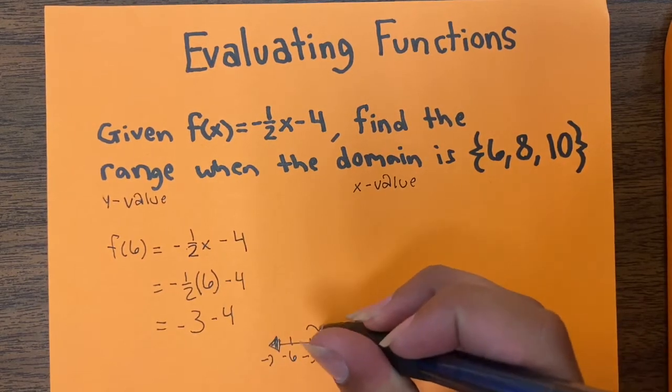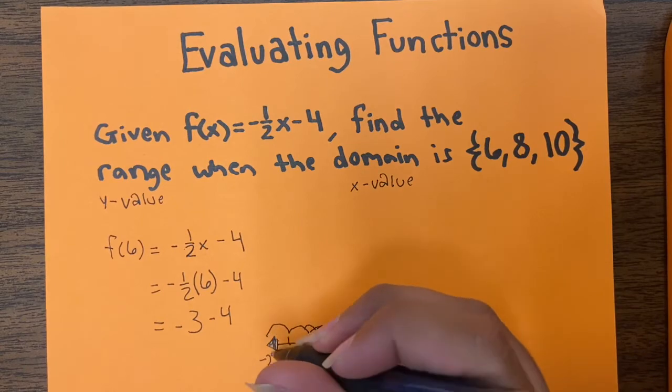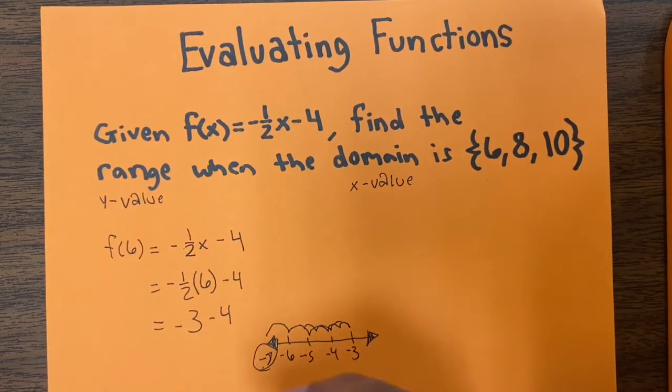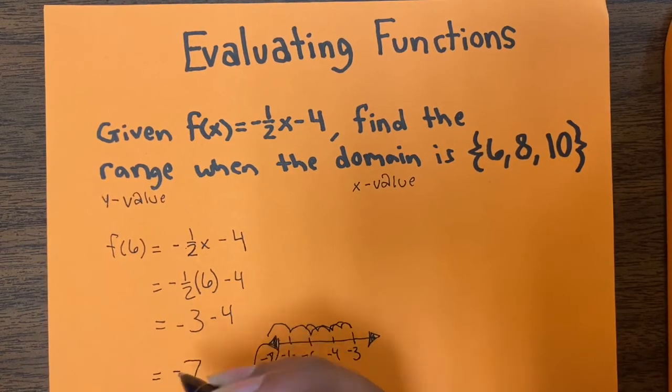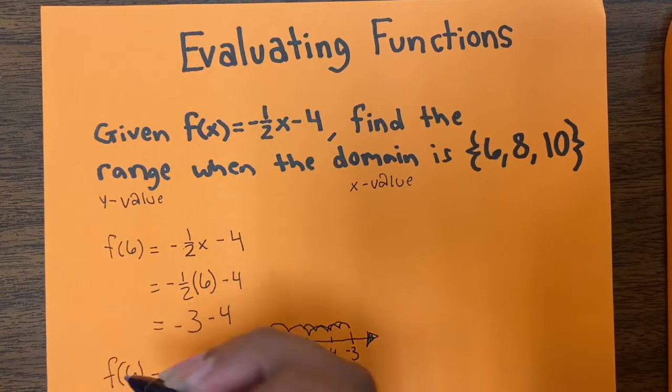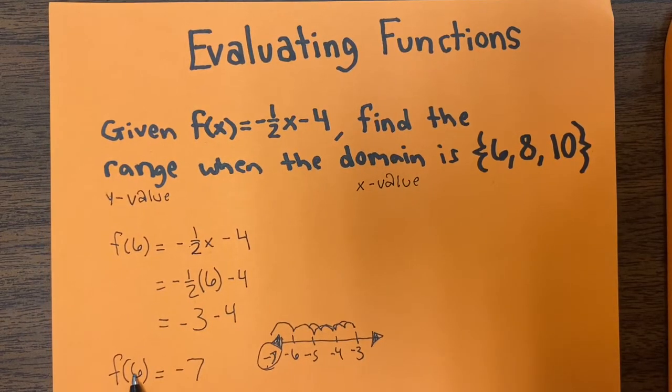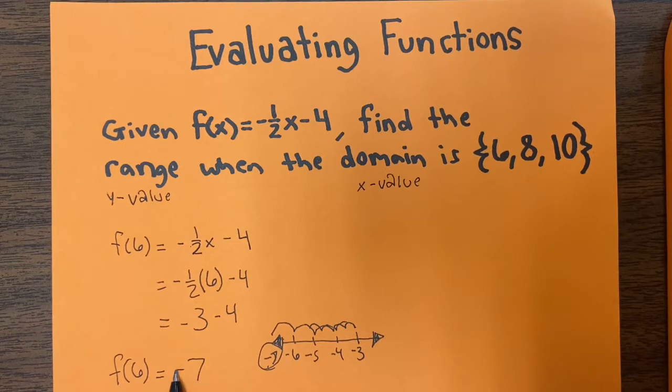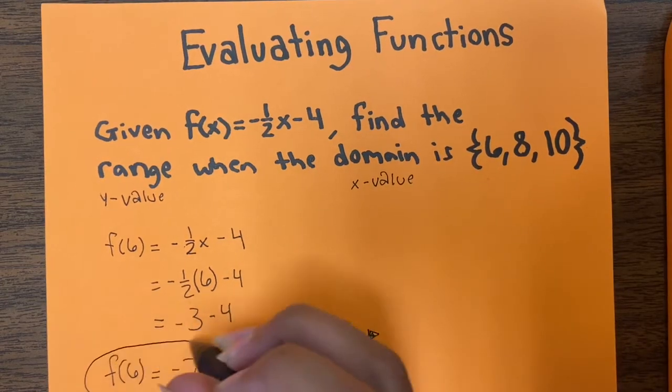So 1, 2, 3, 4 would give me -7. So when x is 6, the y that goes with it, the output, is -7. So I'm going to remember that.